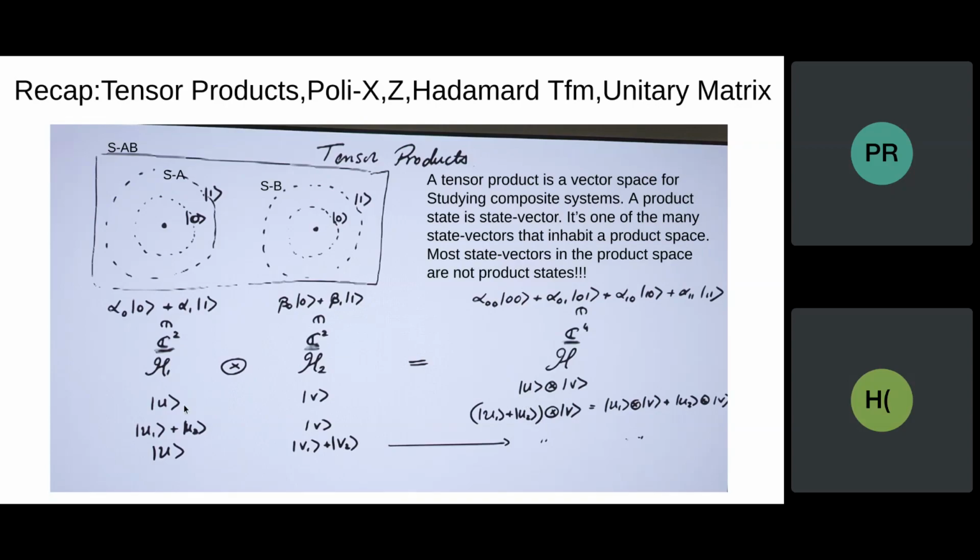So if you have u, if you have u1 plus u2, similarly if you have v, and v1 plus v2, then with this combination what we need to do is we need to do a product of the two. So u1 plus u2 into v. So if we represent u and v here, then you get u tensor product v.